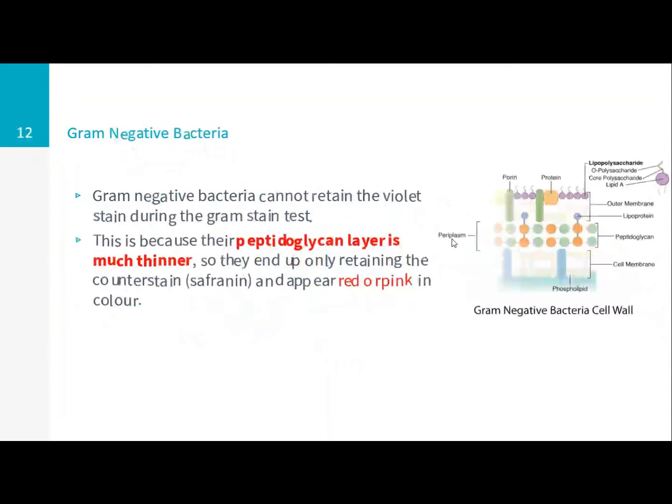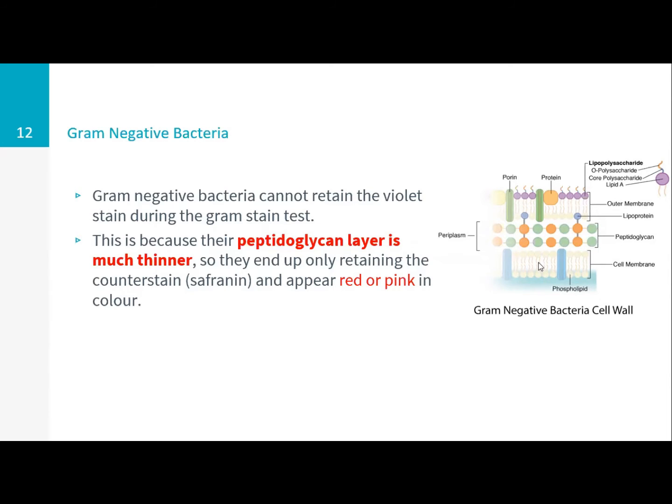Where the gram-negative bacteria is concerned, though, they have a very thin peptidoglycan layer. And that means that the principal stain will seep through. So it cannot really and truly retain the stain when it's applied. And so once you decolorize it with an alcohol-based material, for example, it actually degrades the membrane. So this is the inner cell membrane, all right, guys.